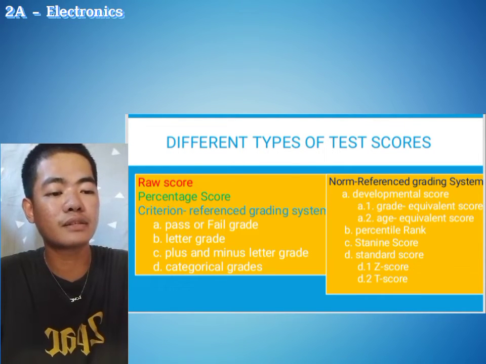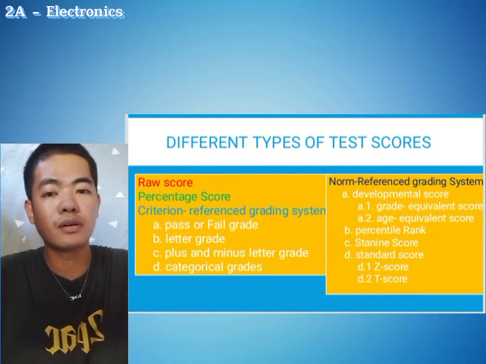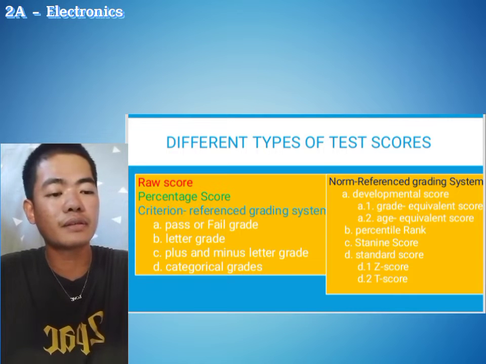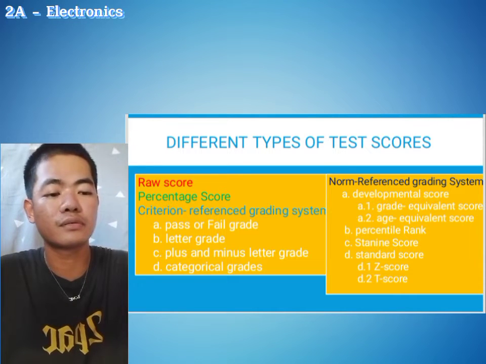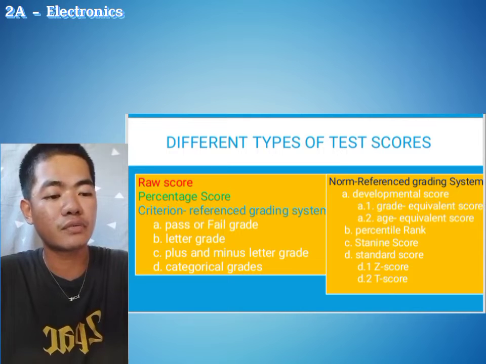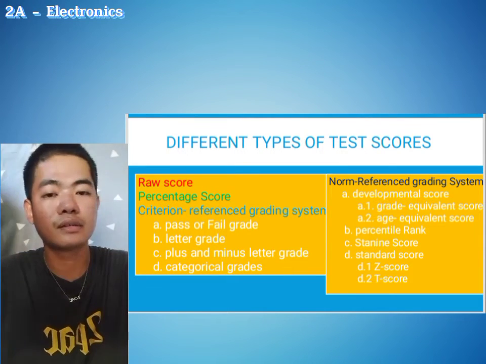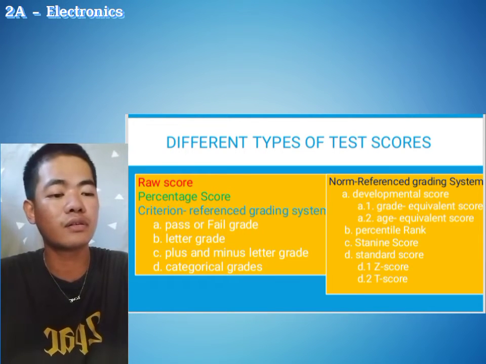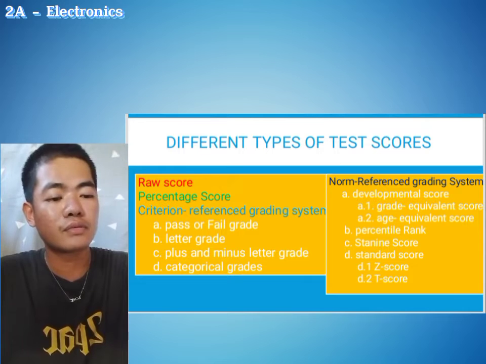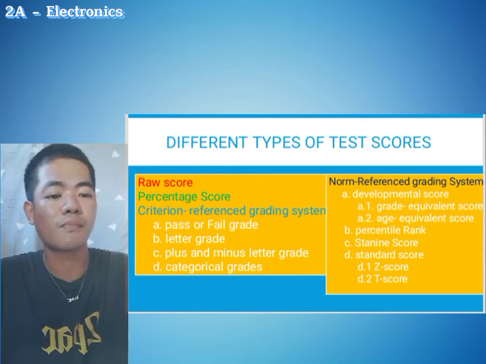The developmental score, or A1 grade equivalent score, and 2 age equivalent score, and B percentile rank, C stanine score, and D standard score, or 1 Z score and 2 T score.